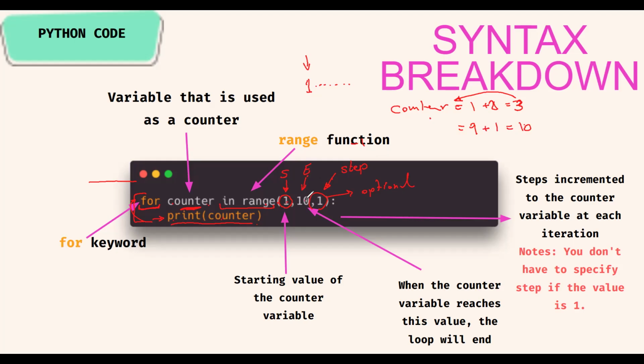Yes, we reach 10, so we will eliminate the loop, or we will break the loop. It means that we will not run this statement anymore once the counter has a value of 10. Where is 10? It is here. I want you to write these 2 lines of code and then start sharing your screen with me.